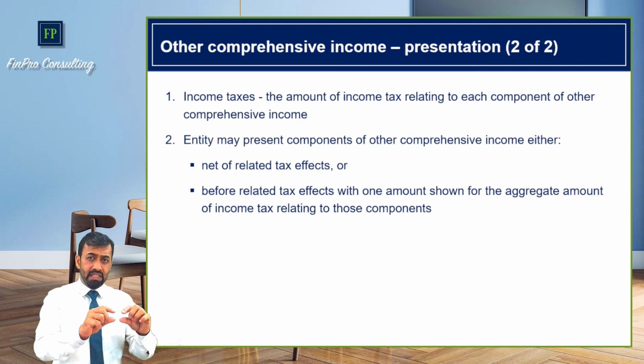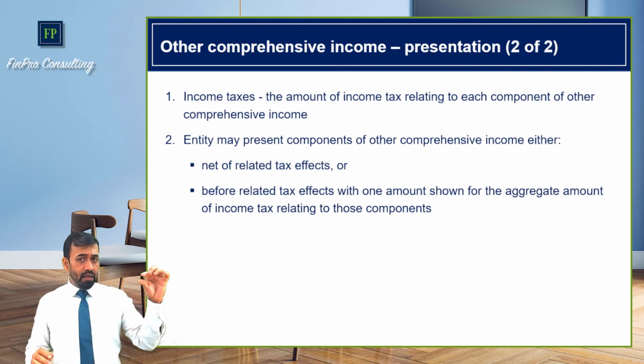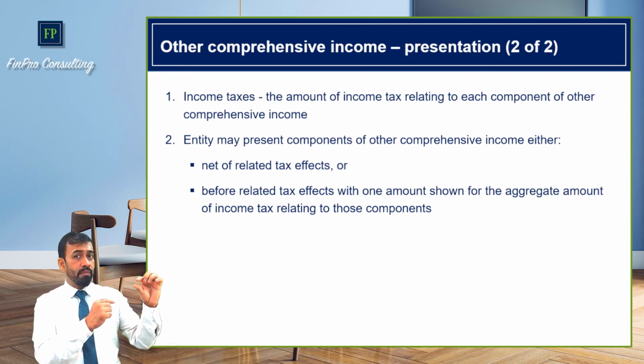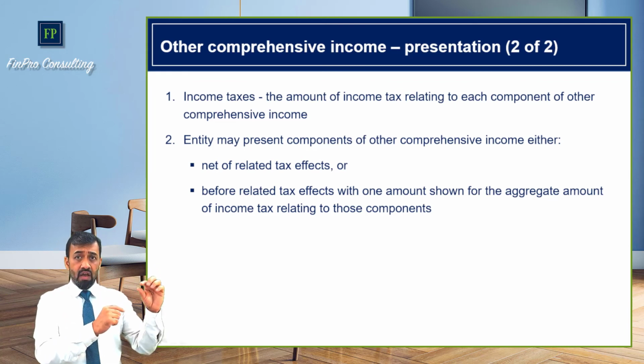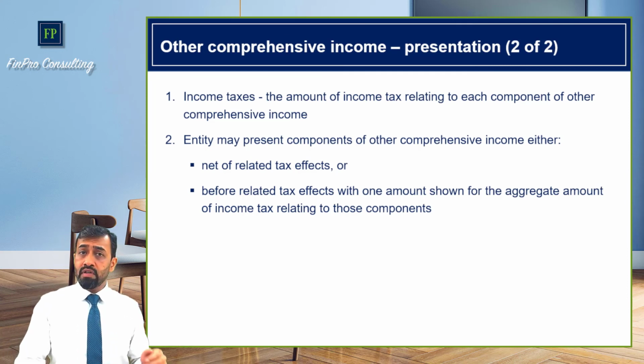It will be either presented gross or net. So the line item gross, its income tax effect will be presented separately, or it could be presented net. All right, so this is the presentation. How do you present it in the balance sheet? This is the concept of other comprehensive income and how it is to be presented.